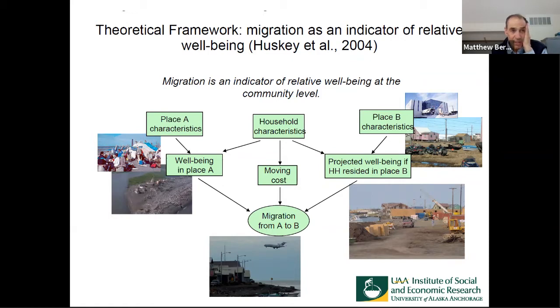Fresh meat and fish is very expensive and hard to come by, and so people just go out on the land and get it there. And in urban Alaska, you have lots and lots of people, and people go to the grocery store. So it's pretty much a mainstream economy. So next slide, please.